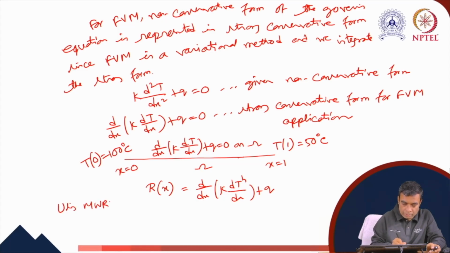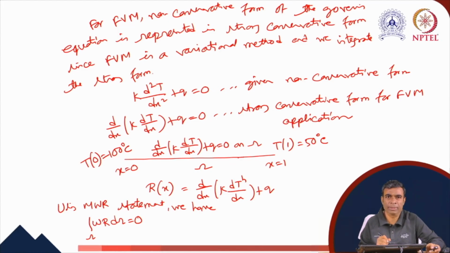Using the MWR statement, we have integration over omega of W R d omega equals to 0, which is a cell for finite volume, that is an element in finite element method. These cells and elements are generated after the domain discretization or the mesh generation. Now, the weighted residual statement in the global sense is also valid for the weighted residual statement at element level equations.